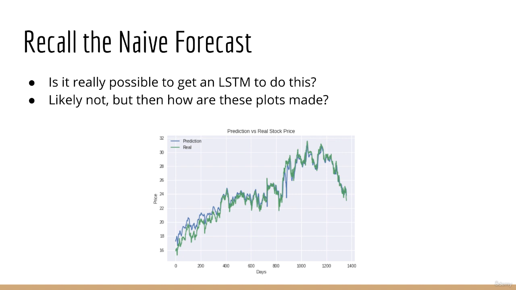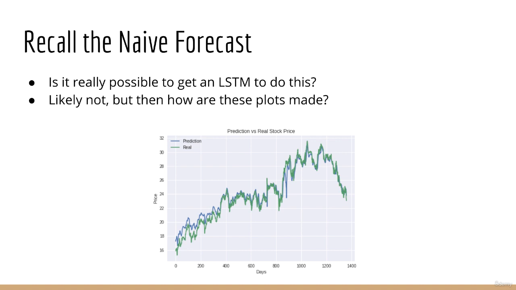How can this be when stock prices are so hard to predict? Well, the reality is, these models are doing nothing but making a prediction very close to the naive forecast. In other words, these models are basically just copying the last value. They're not learning the underlying pattern. The reason they look so close is because these plots typically contain so many data points that you don't get to see them up close.